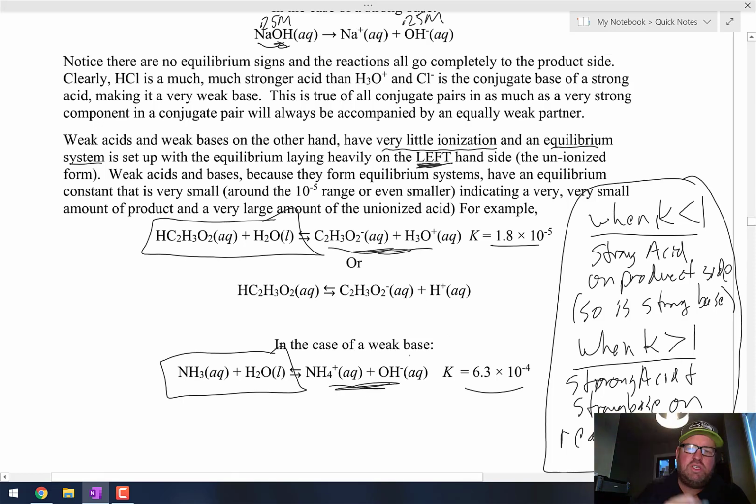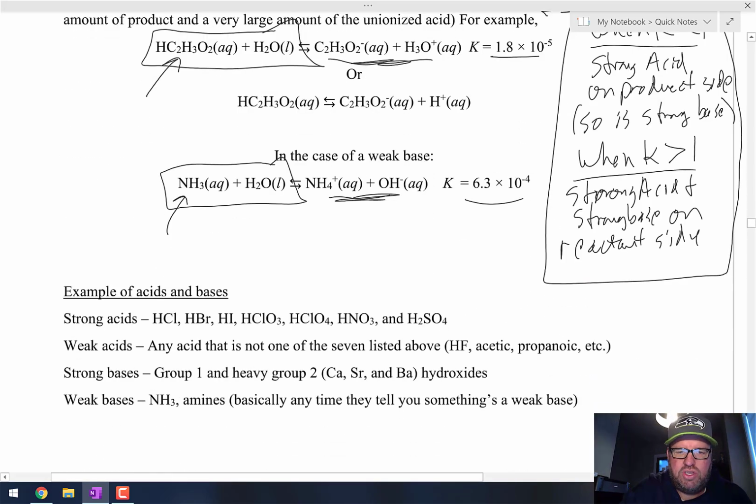You have mostly the molecular form, the unionized form of that acid in that equilibrium system. Okay, and again, those equilibrium constants tend to be very, very small numbers, which means you have a very small amount of product in your equilibrium mixture.